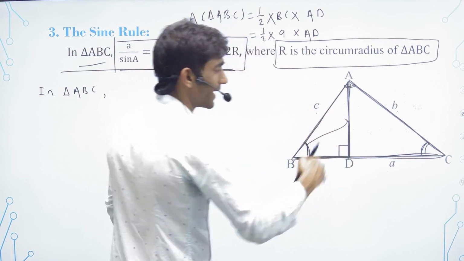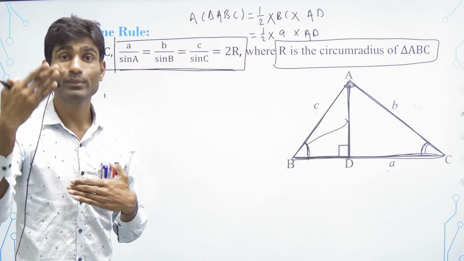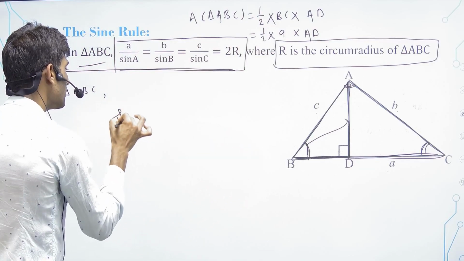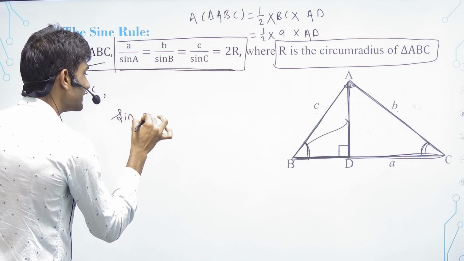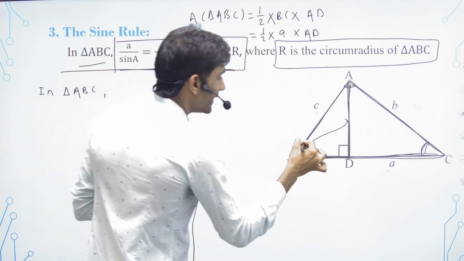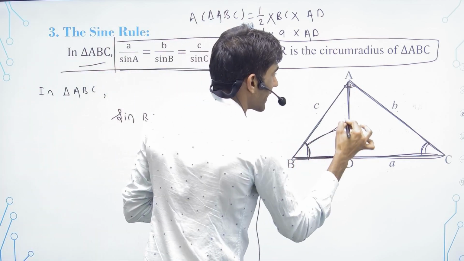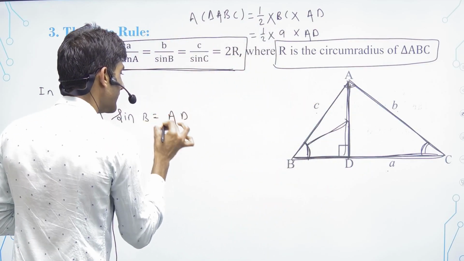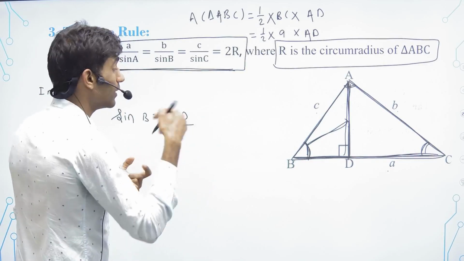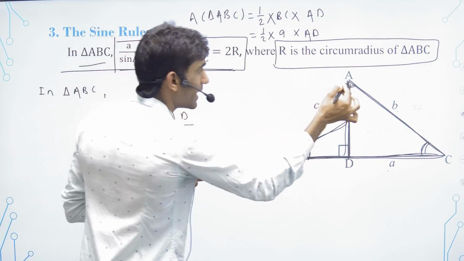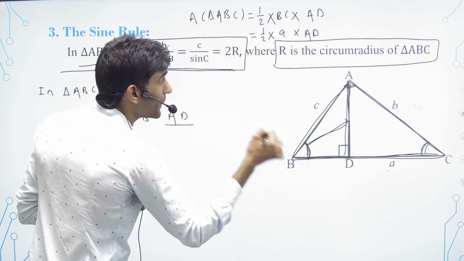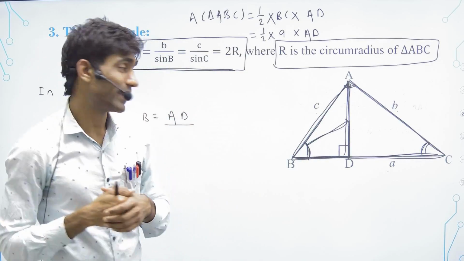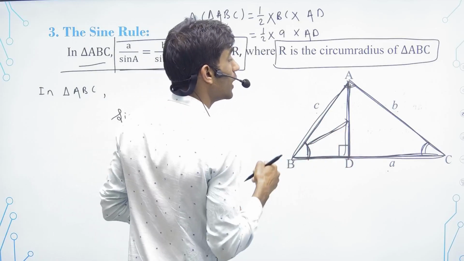It is the front side of angle B. So for angle B, sin B is the opposite side, which is AD, divided by the hypotenuse. What is the hypotenuse here? It is AB, the biggest side of our triangle.